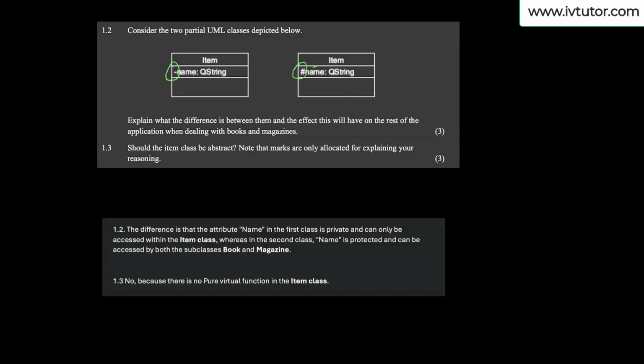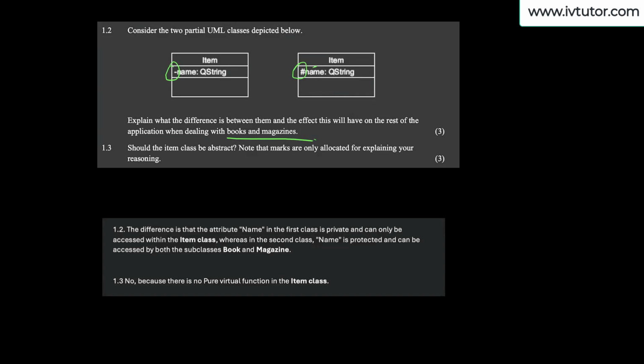That is what you have to explain, and what its effect is going to be when dealing with subclasses. So in other words, this question is saying, what's the difference between having a private and a protected member variable when it comes to subclasses? How are they affected by the two? It was just a general question. I don't think it's specific to any topic.